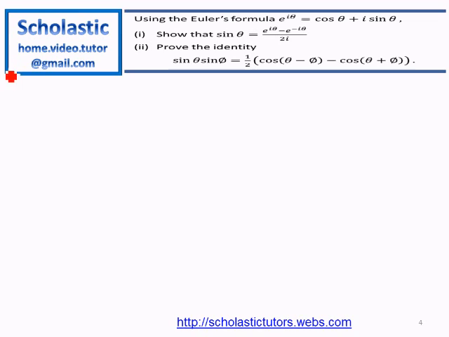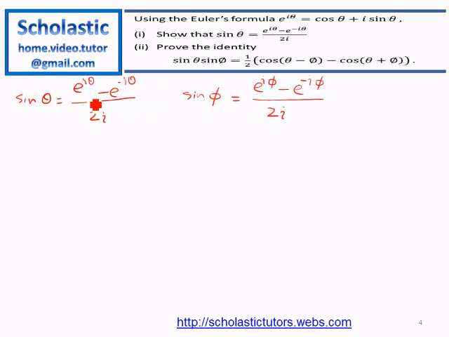Sine theta is equal to e to the i theta minus e to the minus i theta divided by 2i, and we can write sine phi. Instead of theta we put phi, then you get e to the i phi minus e to the minus i phi divided by 2i.